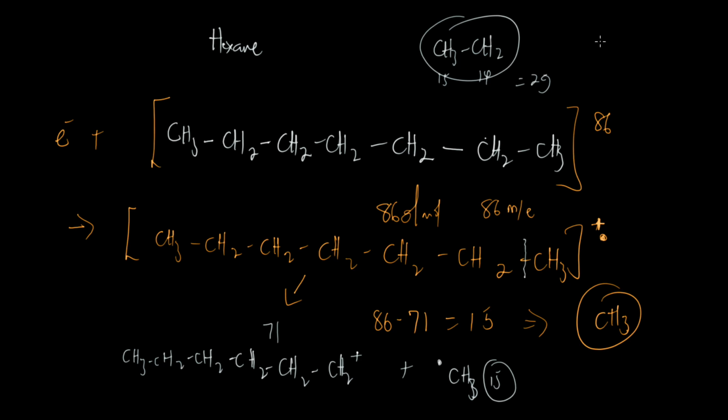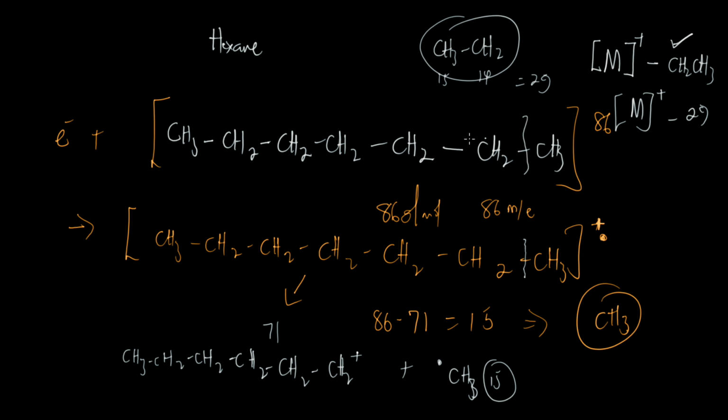We can write it this way: this is the molecular ion minus CH2CH3, or you write it as molecular ion minus 29. I prefer this though. So you have that one there.